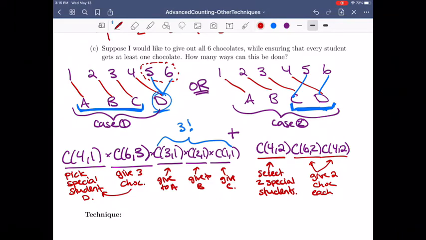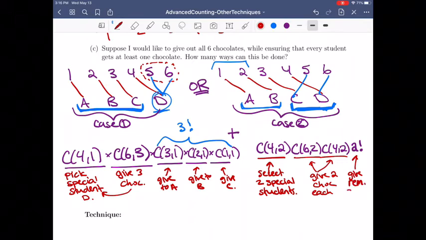So I'm down to 2 people and 2 chocolates, and they're each getting 1. Whenever you have something like that, it's always just a factorial. So this is going to be times 2 factorial. So this is give remaining students 1 each.